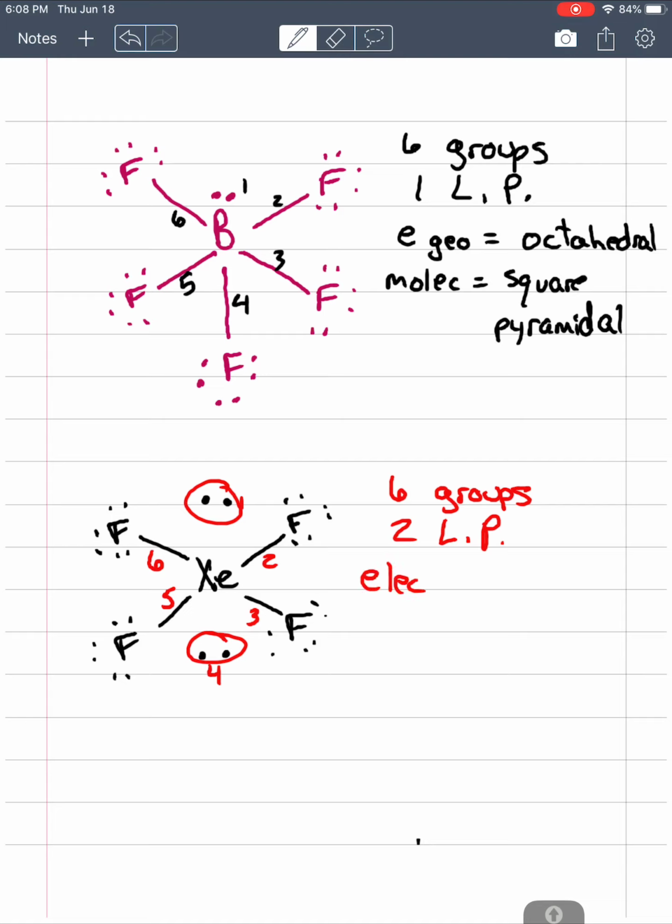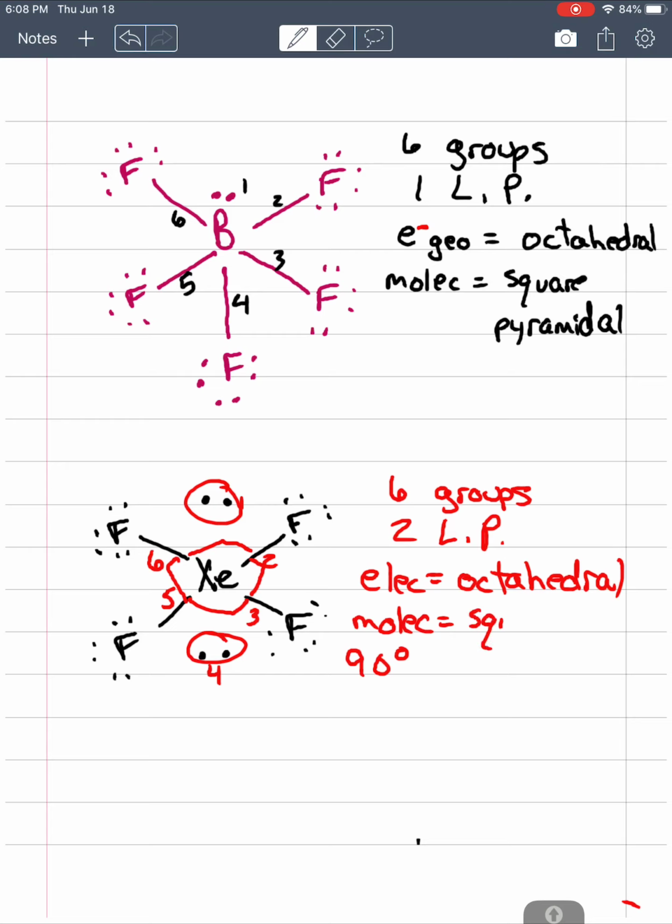So again, the electron geometry is octahedral, and the molecular geometry is, these are all 90 degrees from each other. Can't do the 90-degree box very well, but anyway, they're 90 degrees from each other.